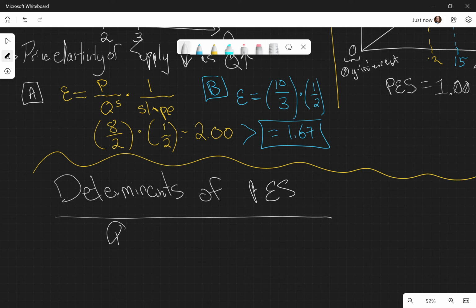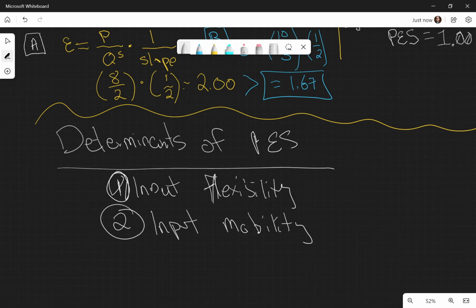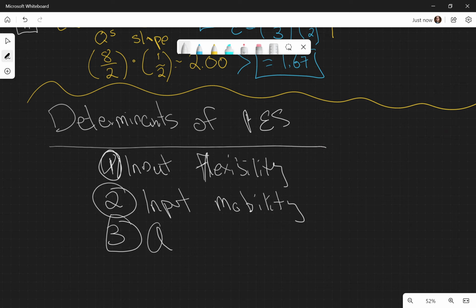If we have greater input flexibility, more adaptable inputs, we're going to be able to have a greater elasticity of supply. The second one is input mobility. Can we move the resources where they need to go, right? If we can, then it's more elastic. Are there alternative inputs that are easy to find?